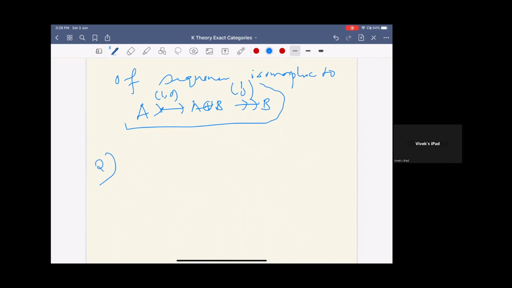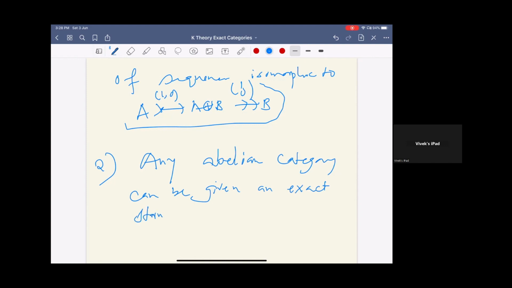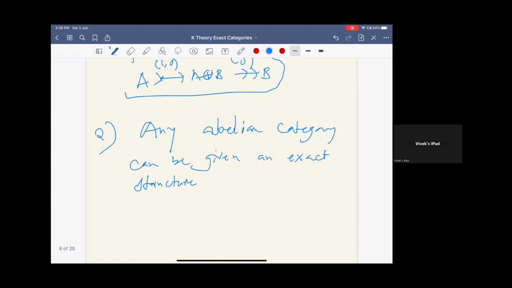And second example: any abelian category can be given an exact structure by defining epsilon to be the class of usual short exact sequences.